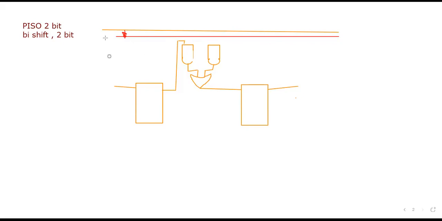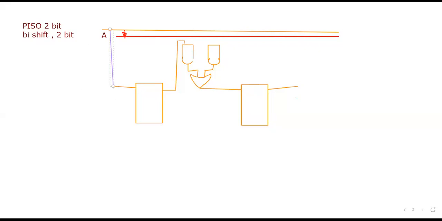Here I have to write that it is signal bit A, or it can be over here. This is our A.